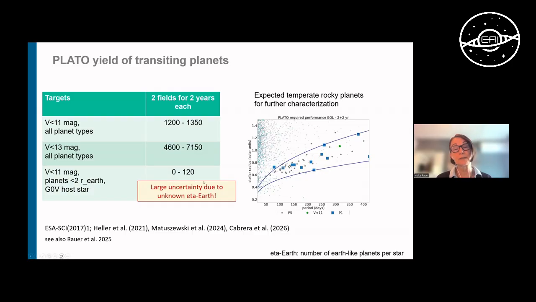But if we assume almost every star, 60-80% of the stars, have an Earth-like planet in the habitable zone, we will actually detect a large number. So I don't know what the truth is. We have to wait. This is the white spot, the parameter range. PLATO is designed to constrain this number that then can also go into the design and into the concept for future missions following these up.